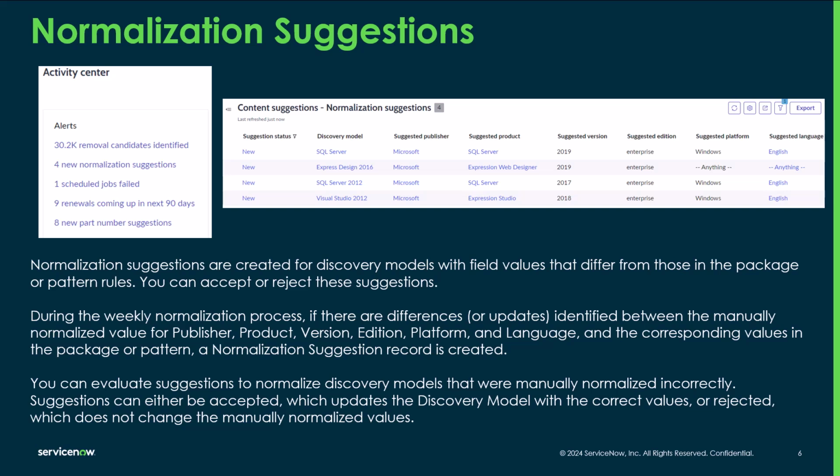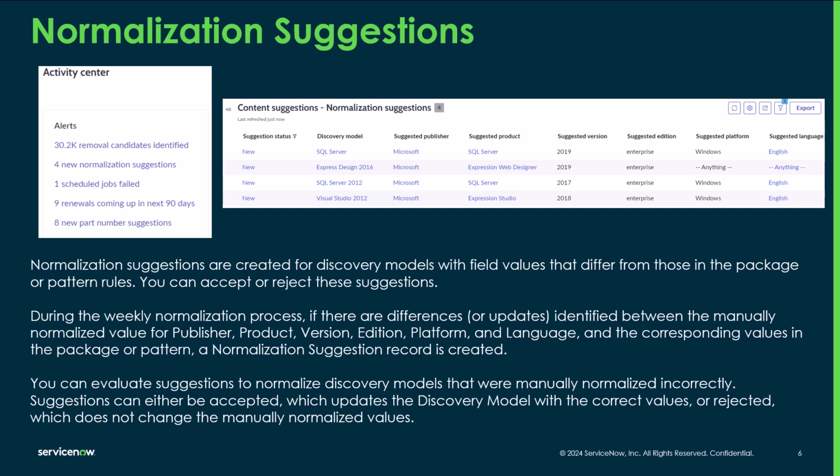When you manually normalize a discovery model because it wasn't in the content library, there's a job that looks at those manually normalized discovery models and compares them against the content. If something new has been added, it's not just going to automatically replace it for you. It's going to give you these normalization suggestions.